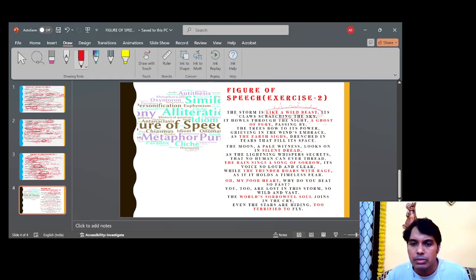So that is metaphor. Now then, passing by, the trees bow to its power, grieving in the wind's embrace, as the earth sighs. Now earth is sighing, that is, earth cannot sigh, so it's a personification, drenched in tears that fill its space.